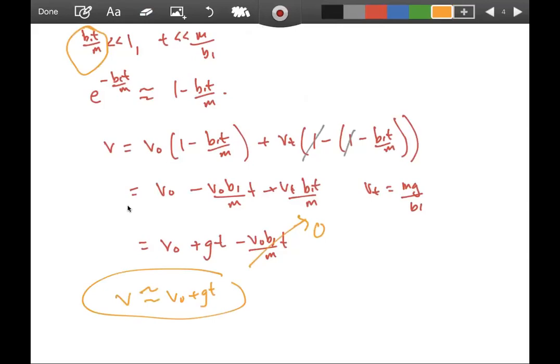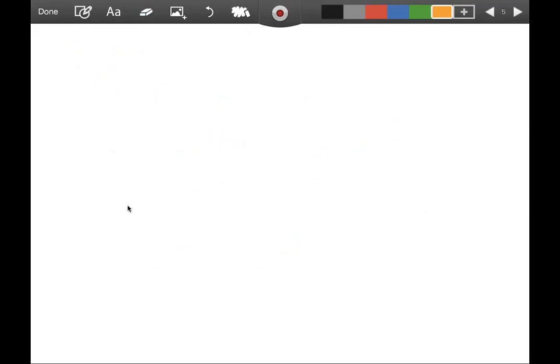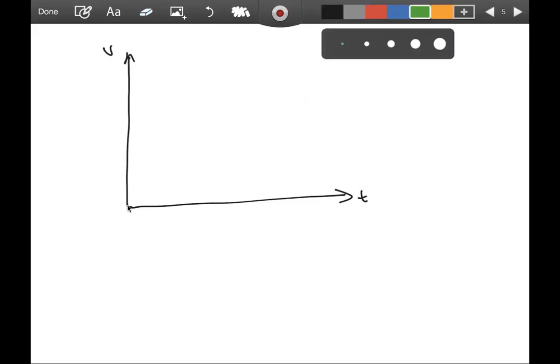So what does this mean? This means that if I start off with low velocities, this thing is going to asymptotically approach my terminal speed. So in this case, if this is my time, and this is my velocity, my initial velocity is somewhere small, where this is say my terminal velocity, then this thing is just going to start off with the initial velocity.